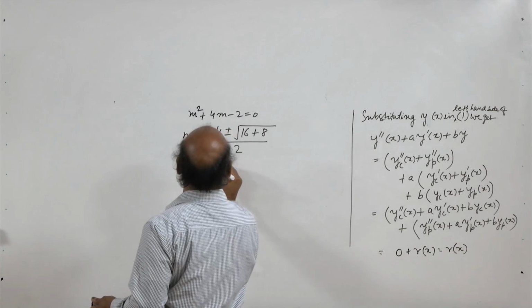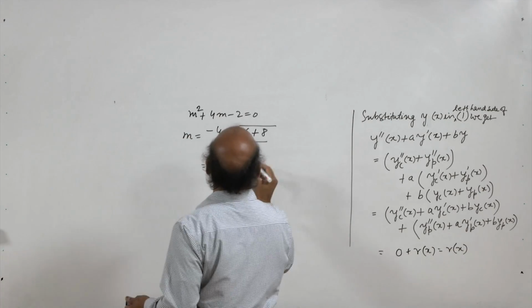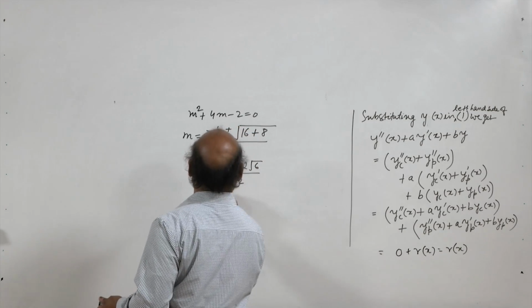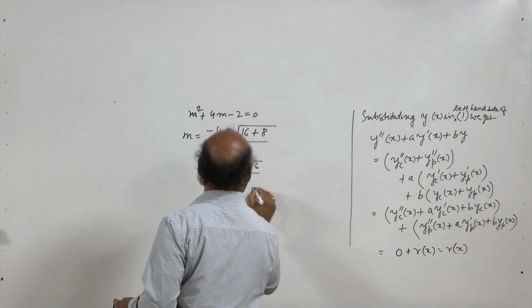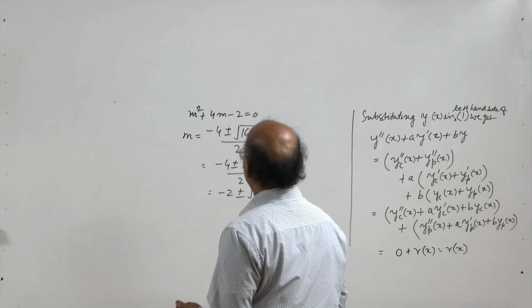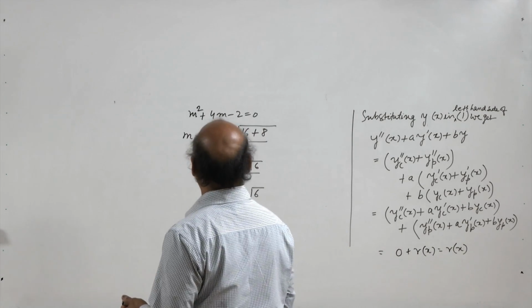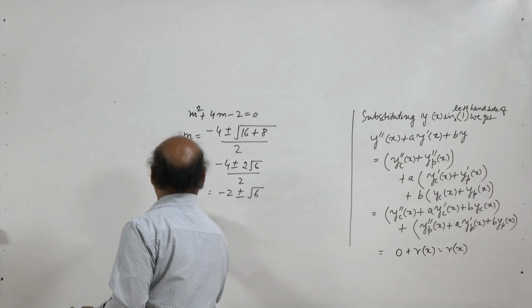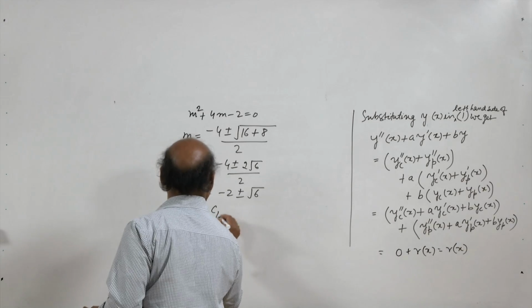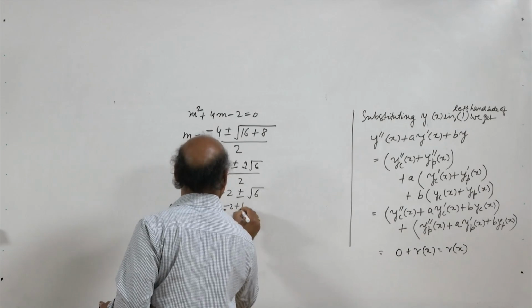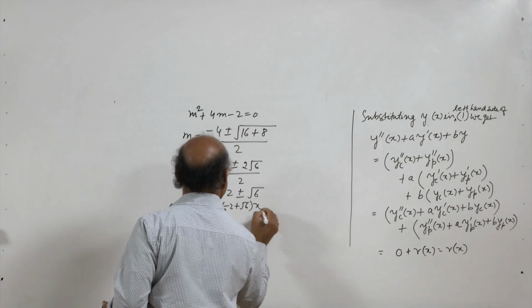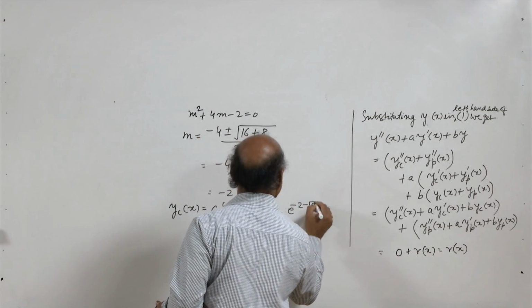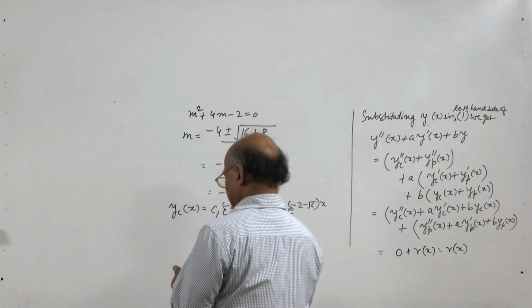So, this will come out to be minus 4 plus minus root of something; m has two distinct values, minus 2 plus root 6 and minus 2 minus root 6, and therefore y_c(x) is equal to C1 e to the power minus 2 plus root 6 into x plus C2 e to the power minus 2 minus root 6 into x.